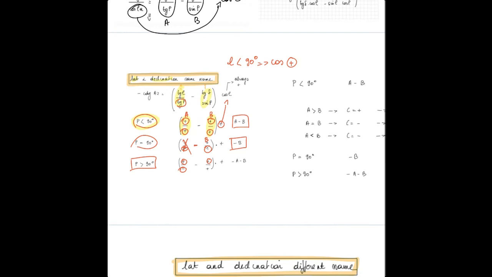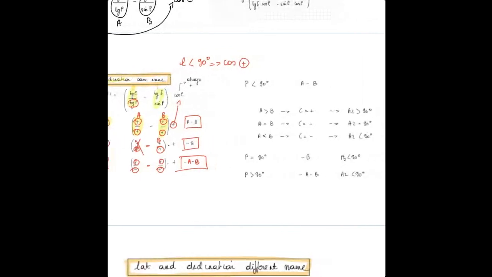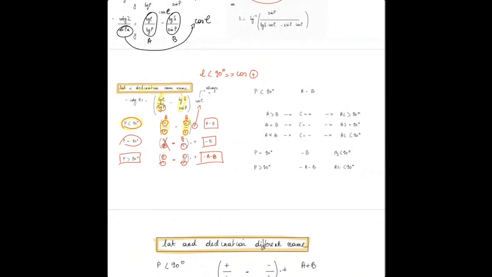The sine of an angle bigger than 90 degrees always remains positive, so this gives us a negative value for A minus B. Okay, voila.